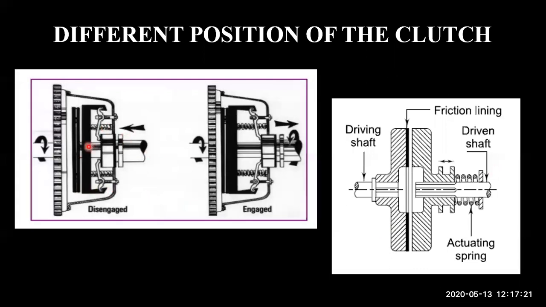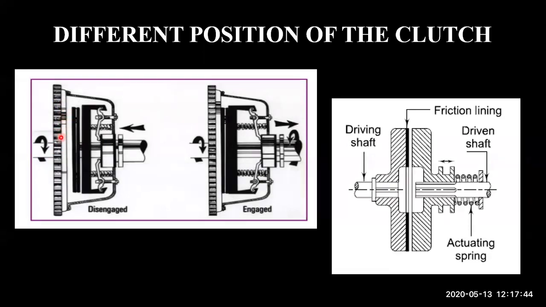This is a little bit more complex representation, but it's all the same. When it's engaged, you can see this plate here comes in contact with the flywheel. You can imagine this black part, which looks like a fork here, to be a flywheel, and it has that clutch plate.